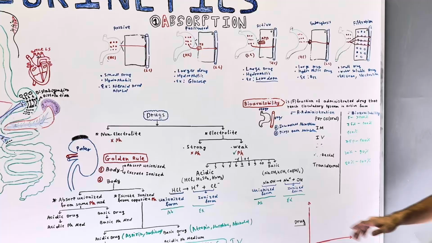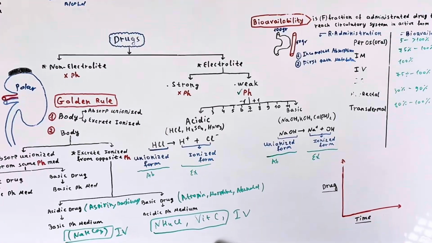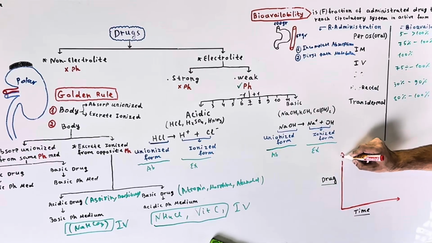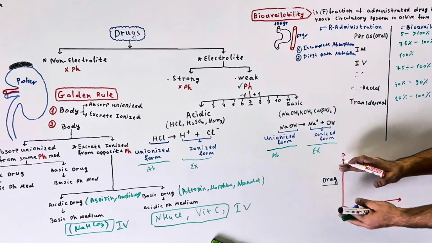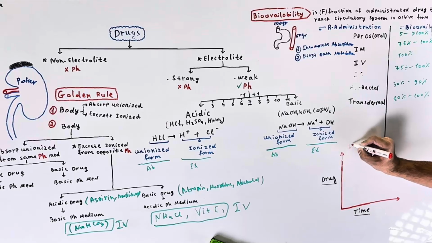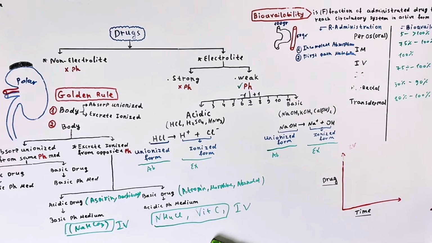So by this diagram I will explain to you. For example, this is the bioavailability, and it has a formula. This axis is the drug concentration, and here we have the time. For example, this is intravenous. Here we write the peak of the intravenous type of administration.